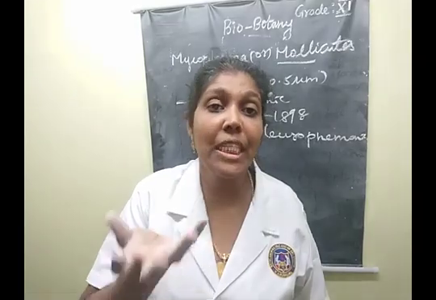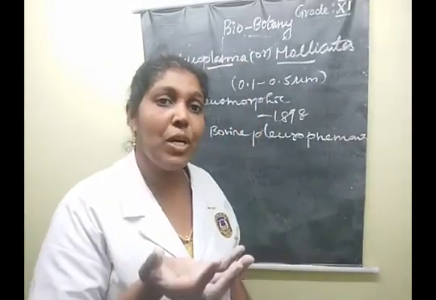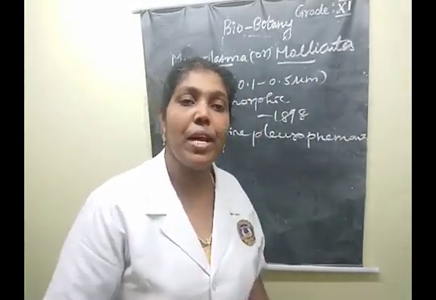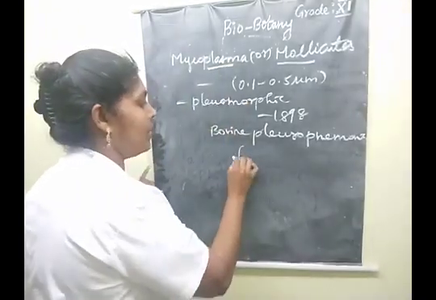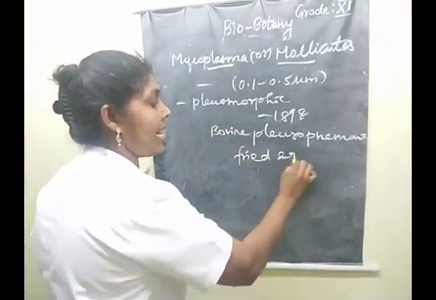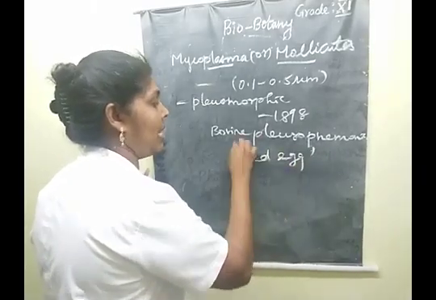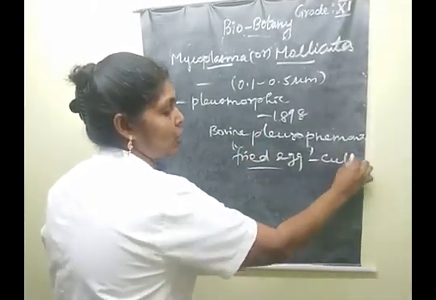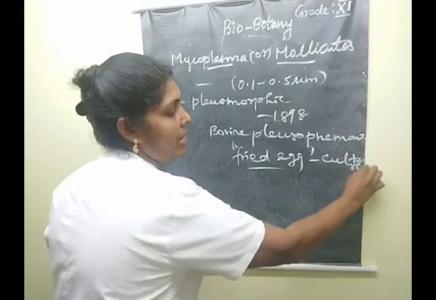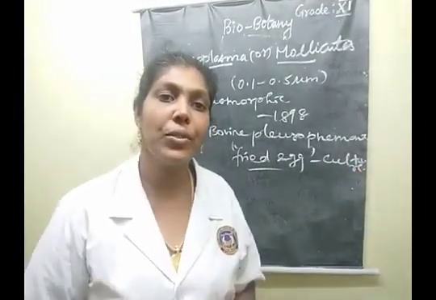Understood, children? Then how does its culture medium look? It has fried egg-like colonies. That is how you identify it in a culture medium. Understood? Say yes or no, children?